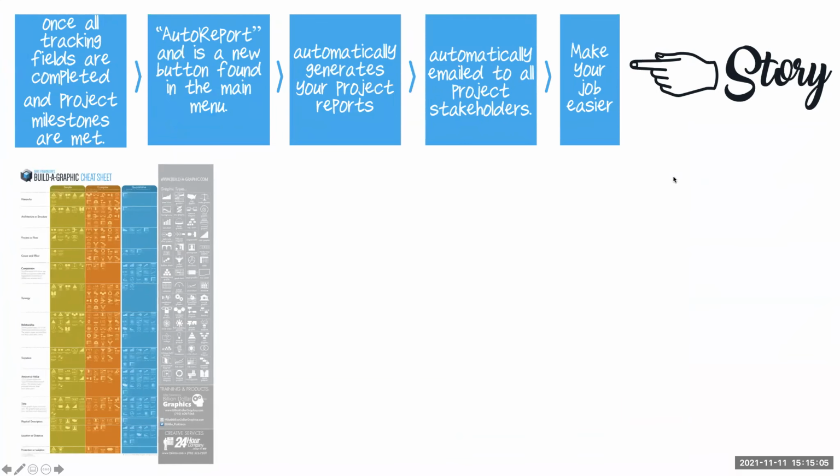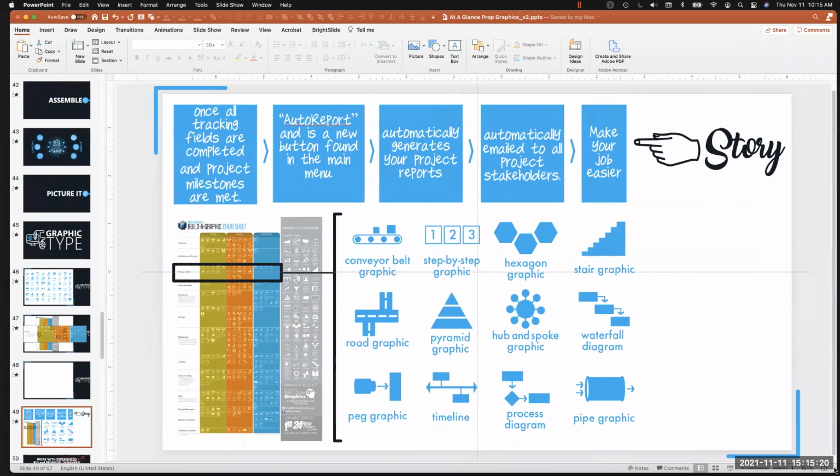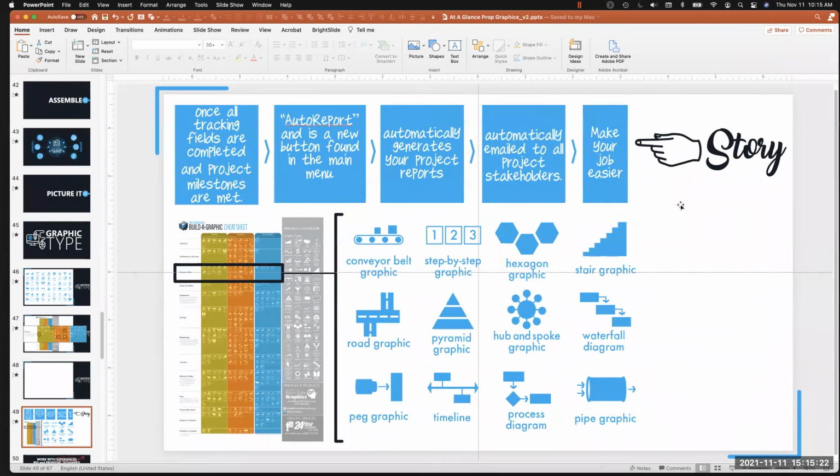So then let's use this technique right now. So we have this process that we're trying to show. Using the graphic cheat sheet, this is obviously a process or flow. So what I'm going to do is, in real time, demonstrate how I use this process.